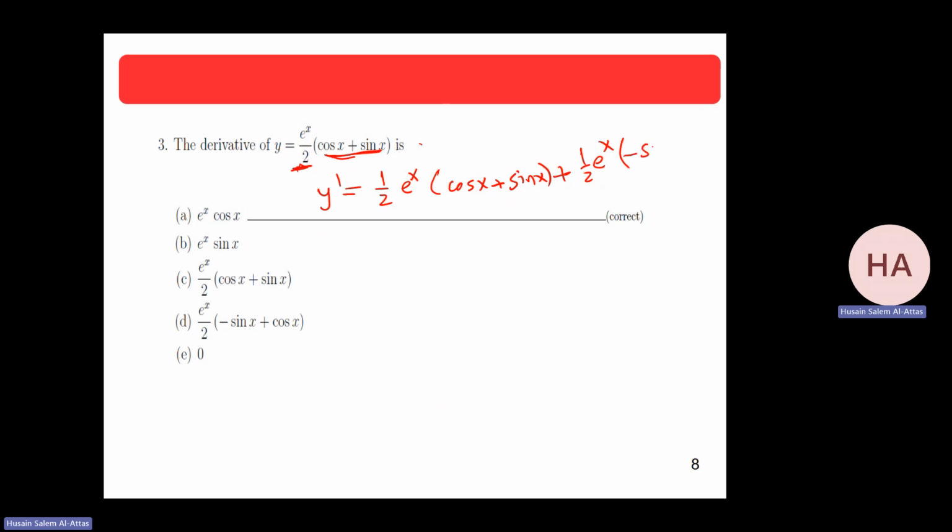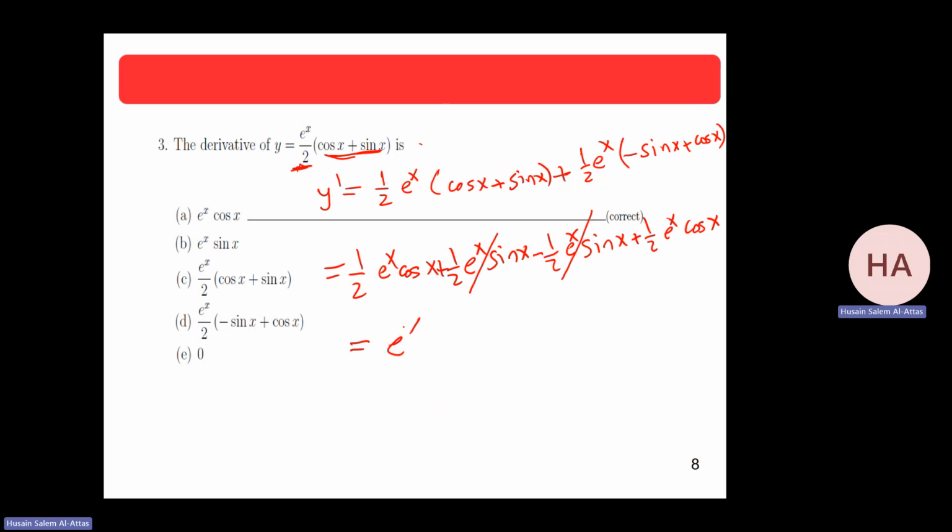That will be minus sine x plus cosine x. Let us see, simplified. That will be half e^x cosine x plus half e^x sine x, minus half e^x sine x plus half e^x cosine x. Notice these two cancelled. I have half e to the power x cosine x two times, so I have e to the power x cosine x, which is this one.